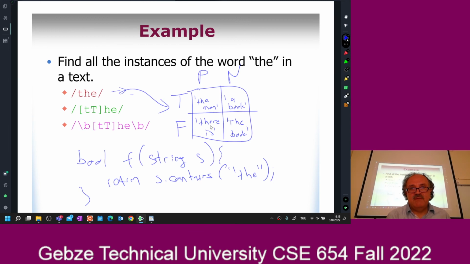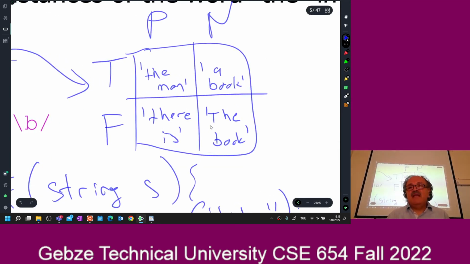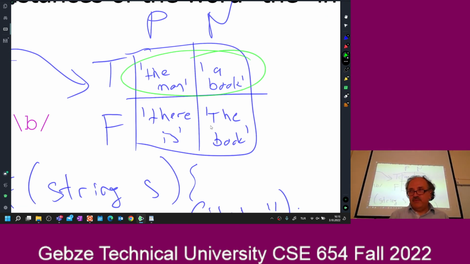But maybe I should have started with this example. The point I am trying to make is we like trues. Trues are good, okay? True positives or true negatives. We don't like falses.